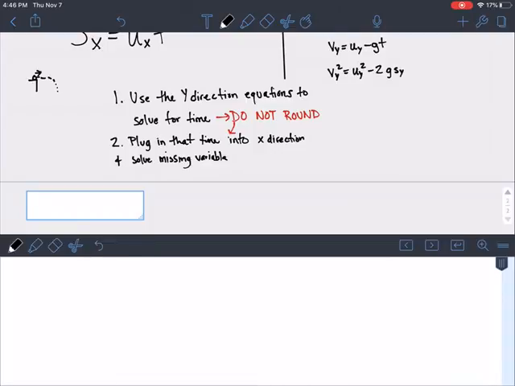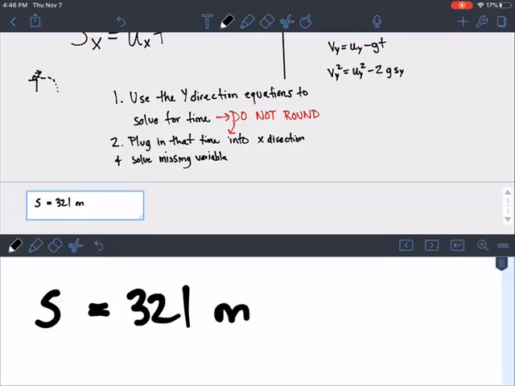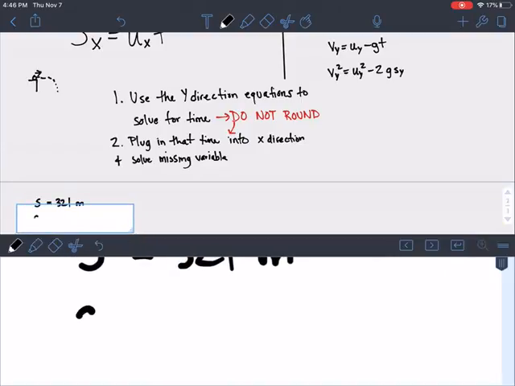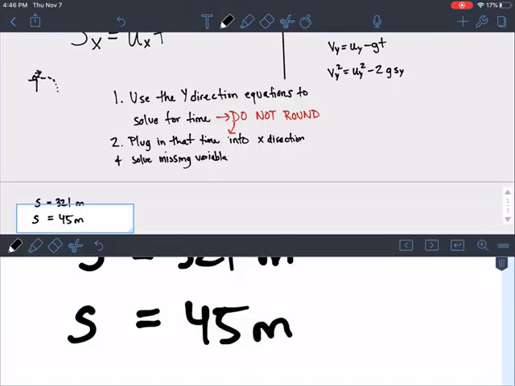So we know one of our displacements is 321 meters, and with the trees and other things that are surrounding this village that we're dropping stuff on, we have 45 meters across to fit this box into. So we've got another displacement that equals 45 meters.